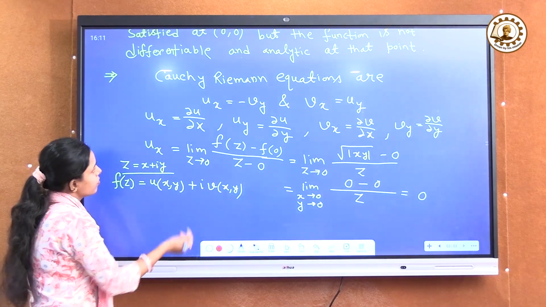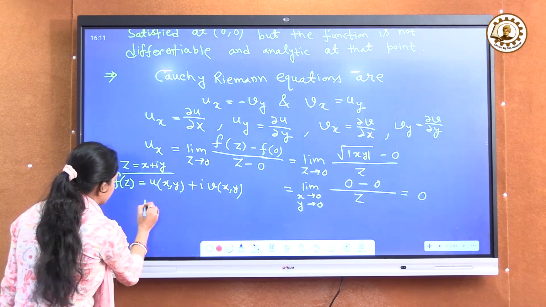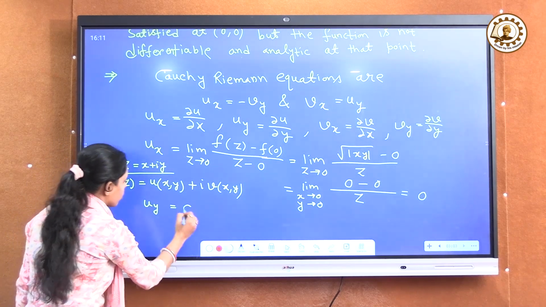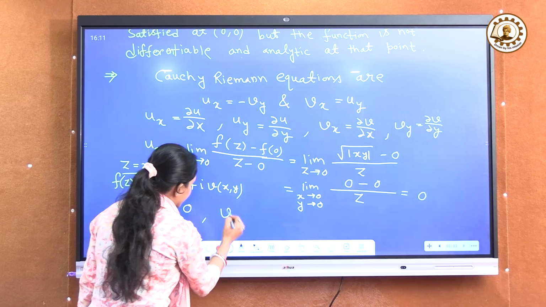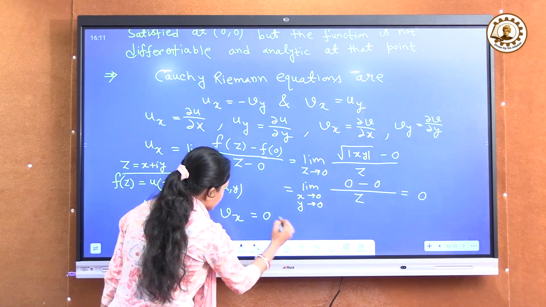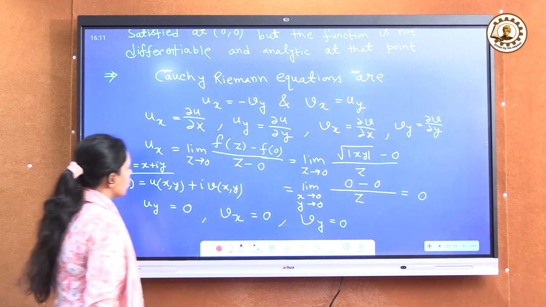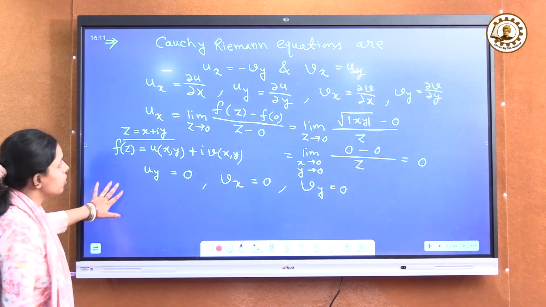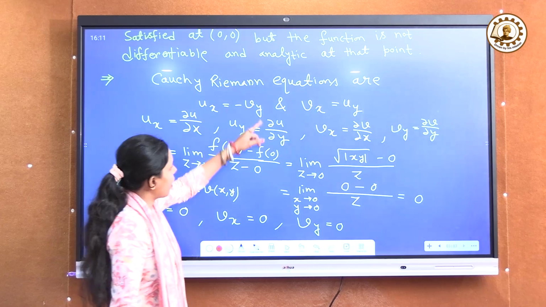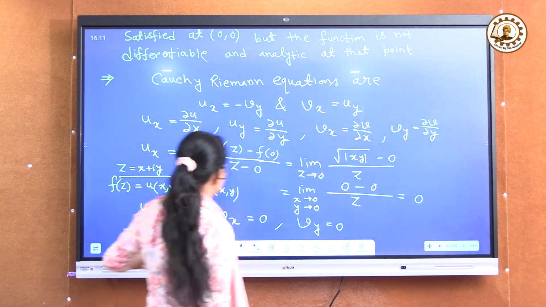In a similar way we calculate uy is also 0, vx is also 0 and vy is also 0. So the conditions of the Cauchy Riemann equations are ux equal to minus vy and vx equal to uy.